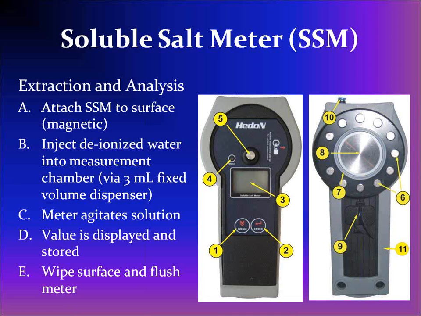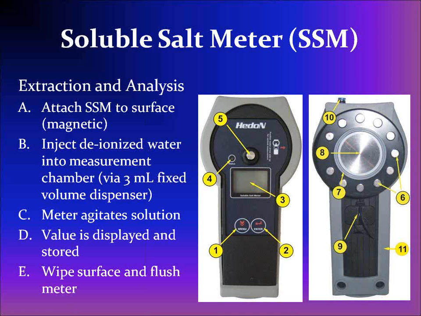The prepackaged kit consists of a soluble salt meter with a rechargeable battery, a 500 milliliter bottle of distilled water that accommodates a fixed volume fluid dispenser, a 250 milliliter bottle of standard solution and syringe for verifying the accuracy of the meter, an AC adapter, a USB connection cable, data management software, and instructions.